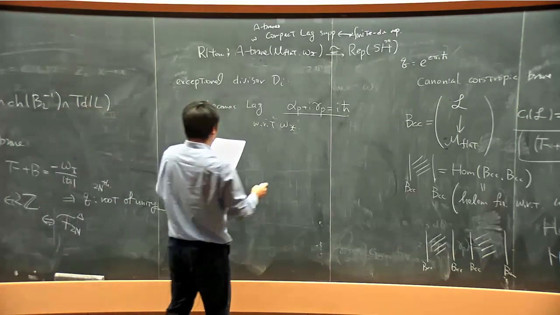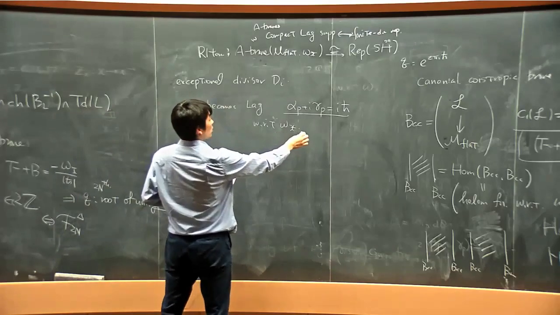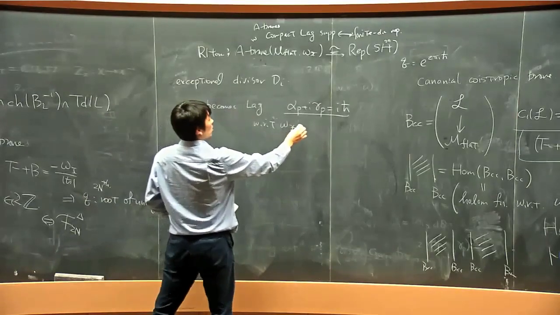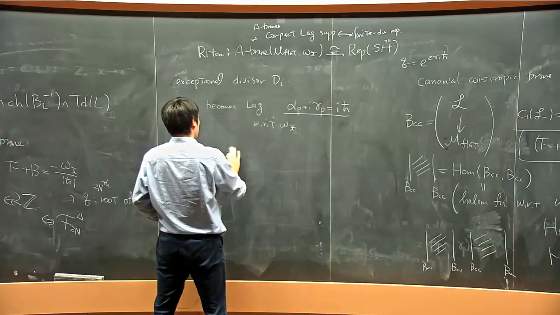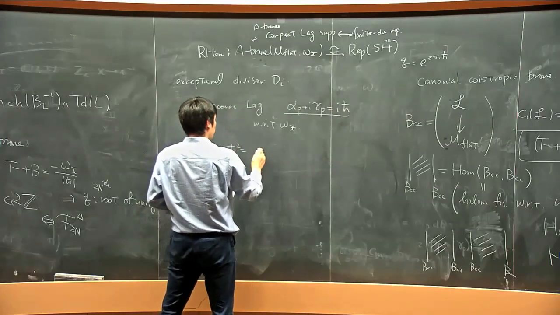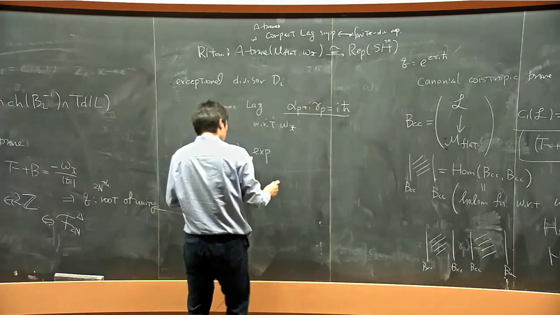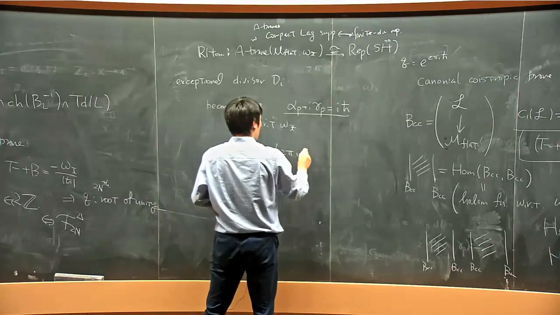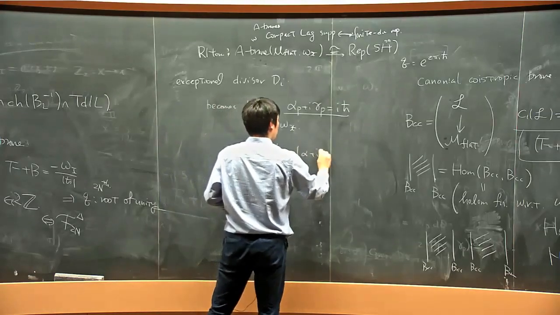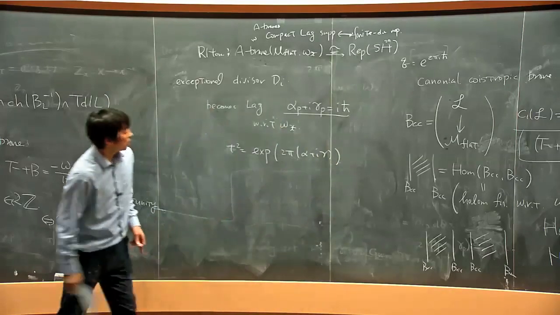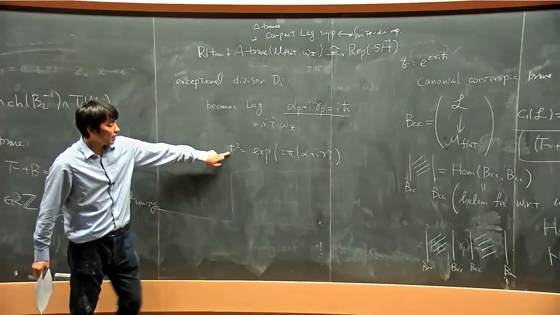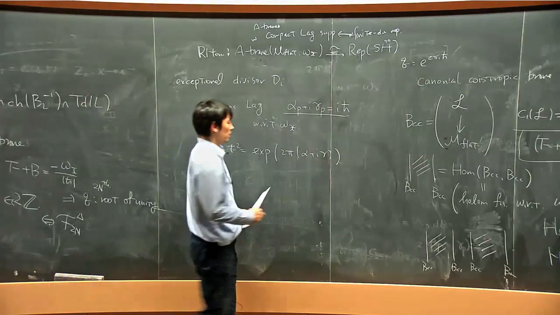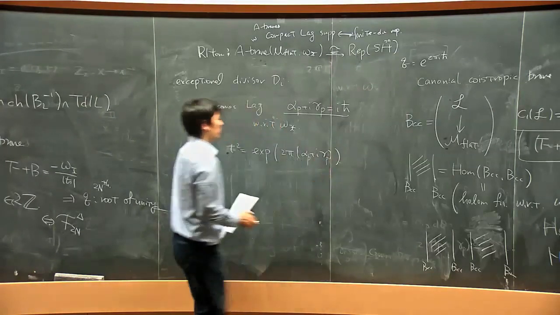So in fact, in this case, we have also just seen that t squared is the exponential of 2 pi (alpha plus I gamma). So the t in the spherical DAHA is related to alpha and gamma by taking an exponential.